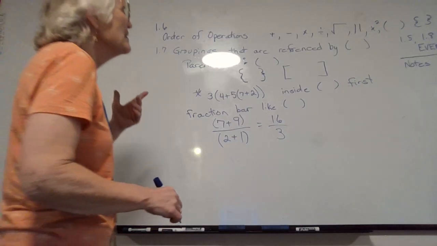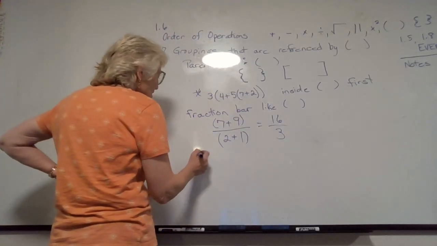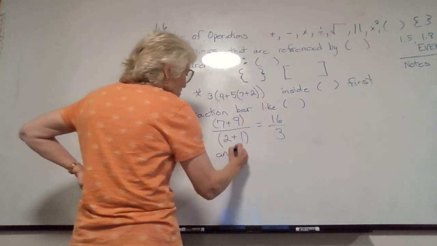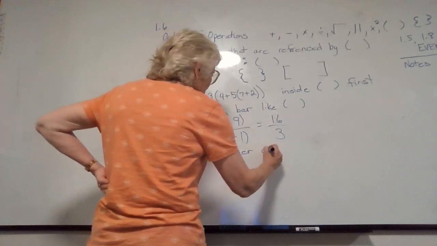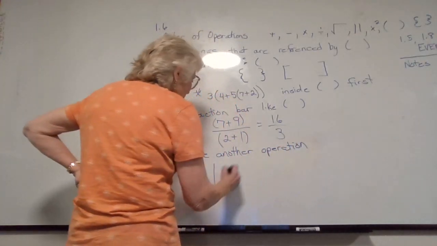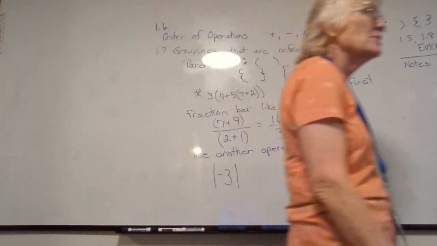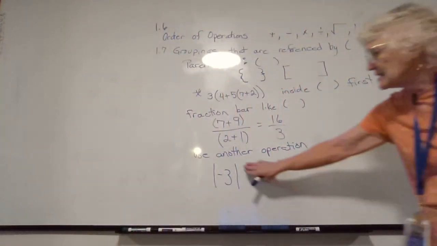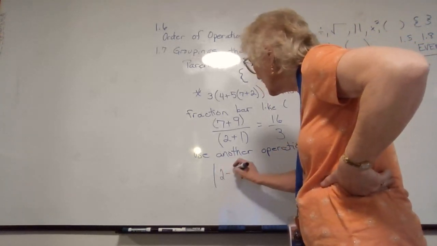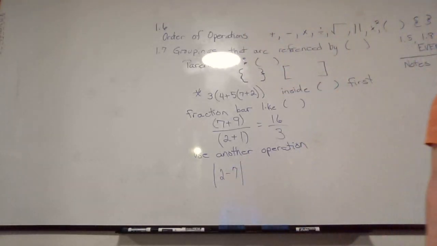Okay, another thing that gives you calculations or grouping signs is if we use another operation. Okay, absolute value. So that is a symbol. If you have two things in there, let's say I have 2 minus 7. Have we talked about negative numbers yet and integers?